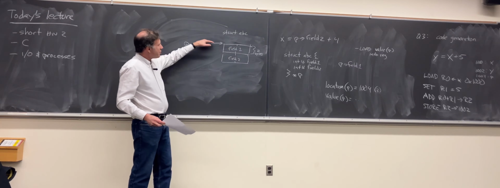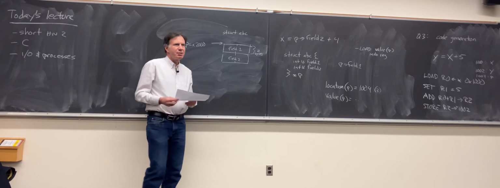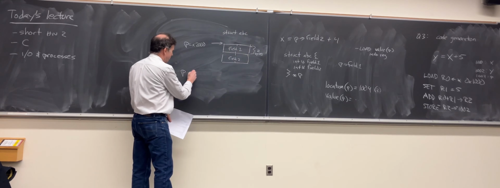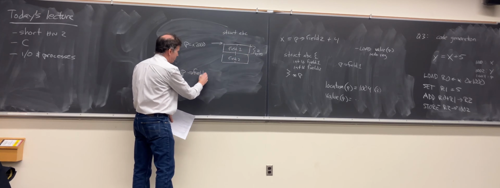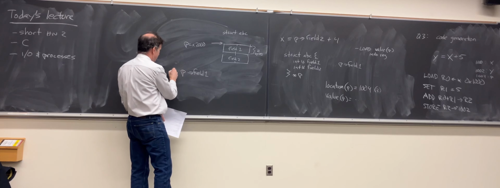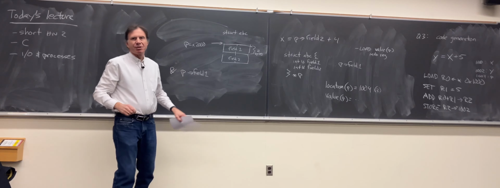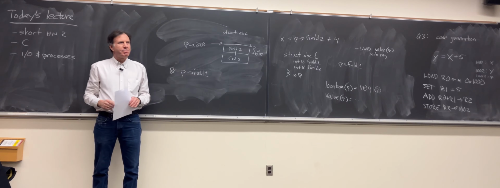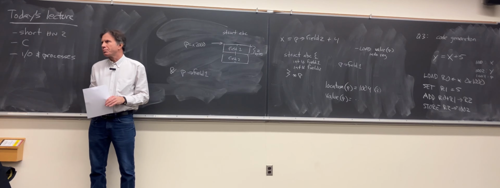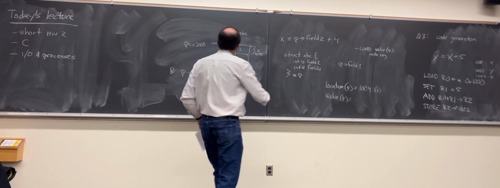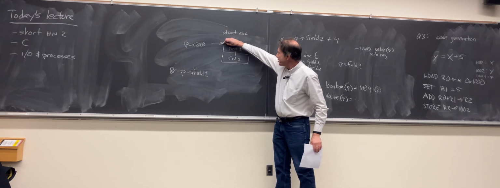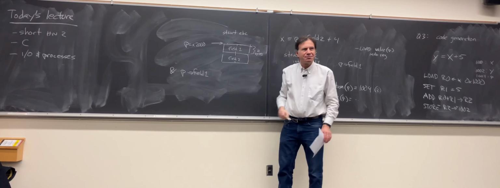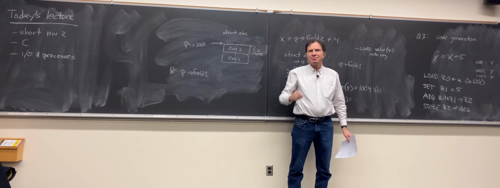So if the address of P is 2000, what's the address of field 1, which P points to? How much do we have to add to this pointer to get down to here?